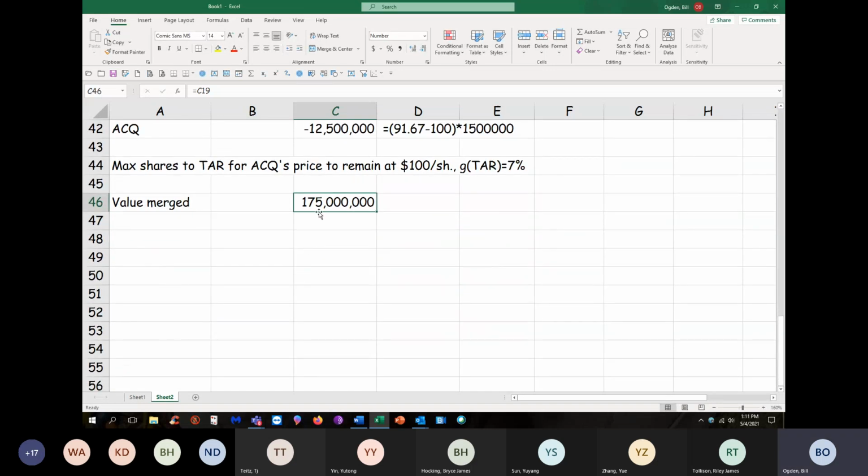And then this is the value merged. And what is our target outcome here? Well, that would be share value. Our goal, or ACQ's goal, is to maintain their $100 per share. So what's the implied number of shares?